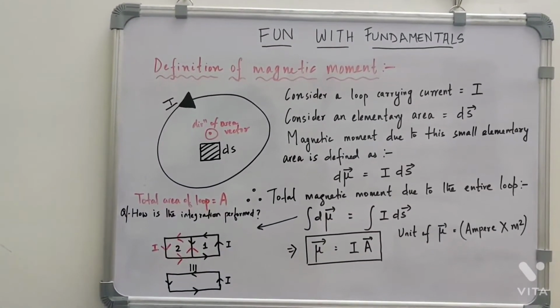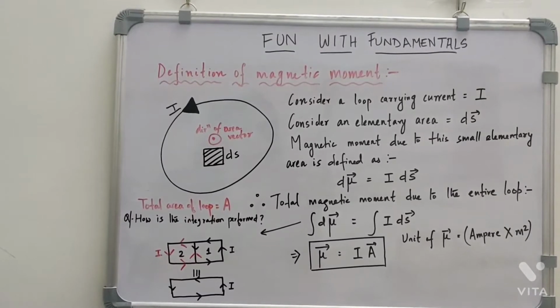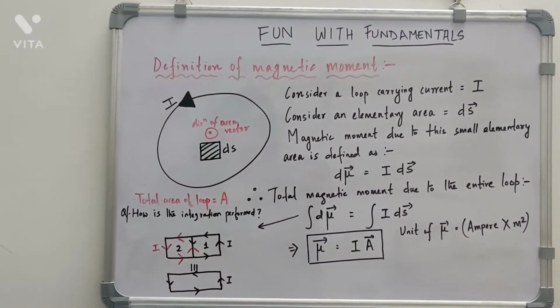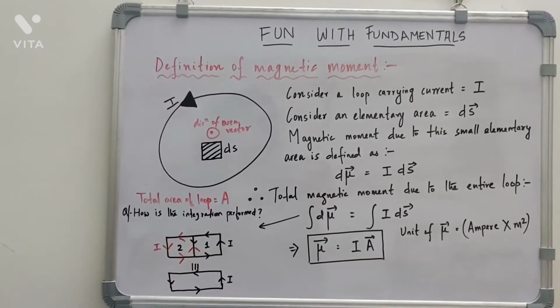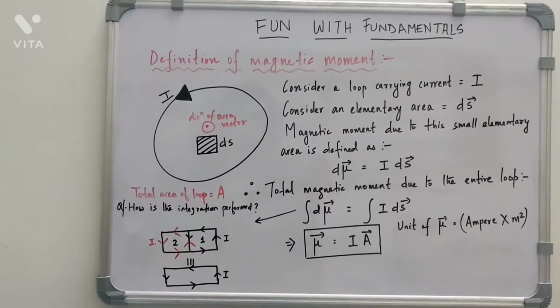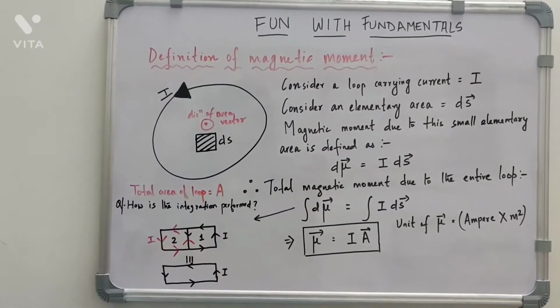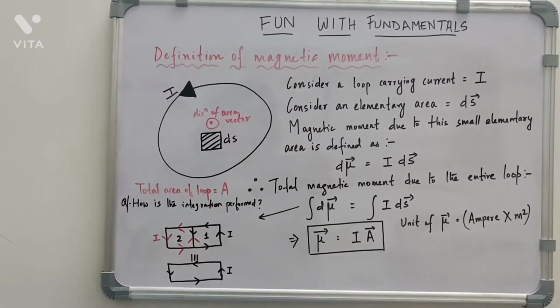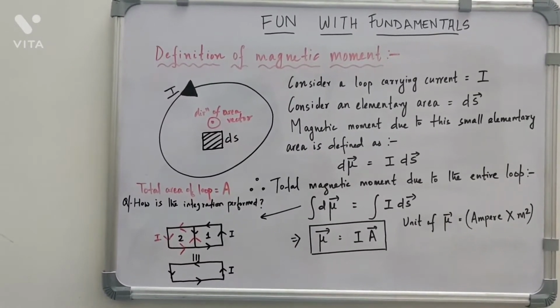a current I. Now if you want to find out the magnetic moment associated with the whole current carrying loop, then you will integrate both sides of this equation. Then you will get the total magnetic moment, which is given by mu vector equals current times area vector.